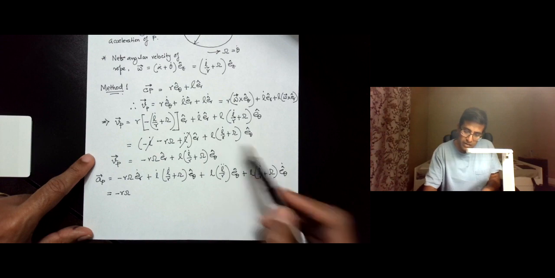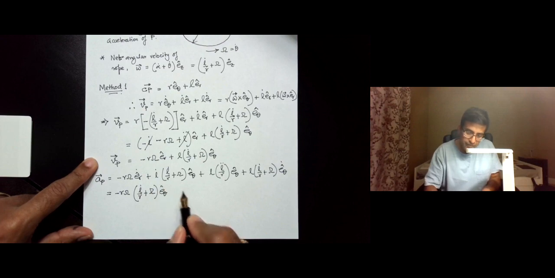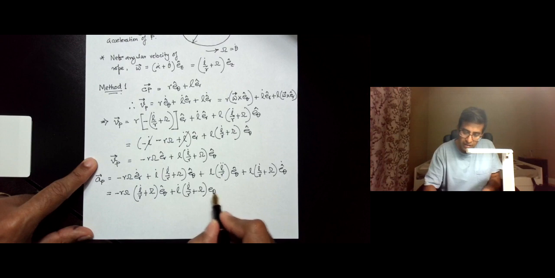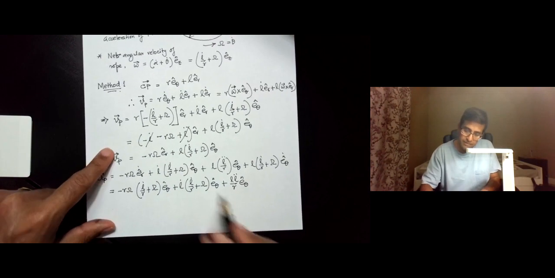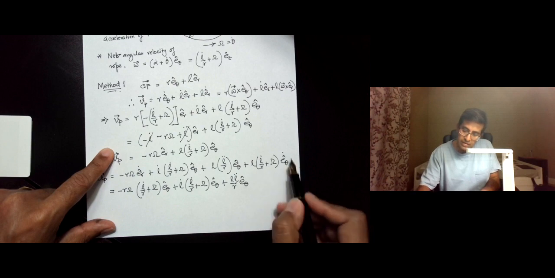So it is L dot over R plus capital omega E theta, plus we have L dot times L dot over R plus omega E theta, plus L double dot over R E theta, plus this term.